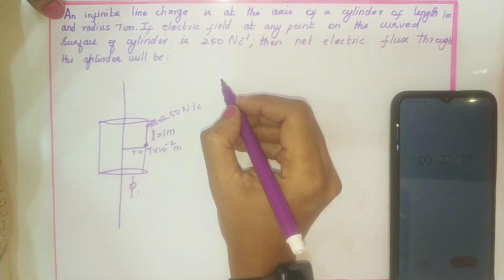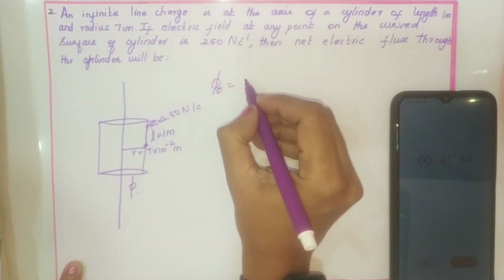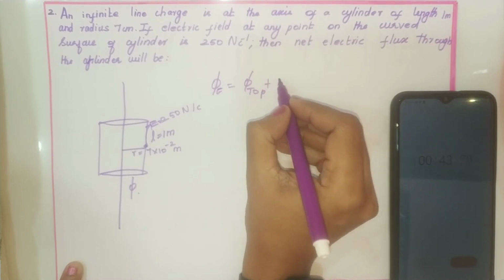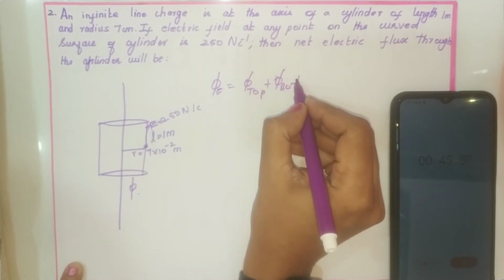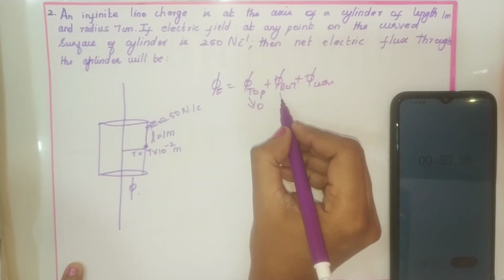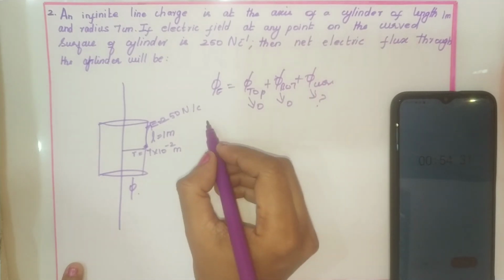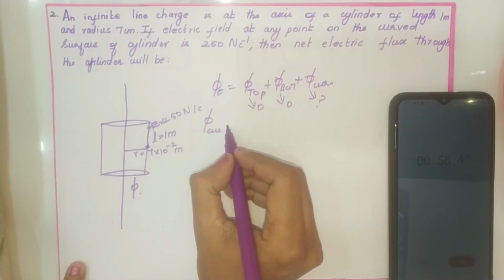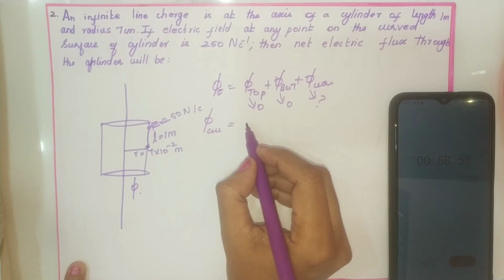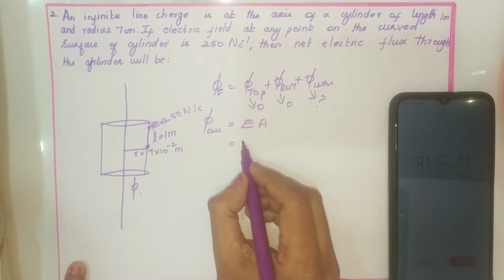For a cylinder, the flux is through the top surface plus through the bottom plus through the curved surface. We know through the top it is 0, through the bottom it is 0, and through the curved surface the value exists. We have to find flux through the curved surface, and the formula will be E into A. E is equal to 250.